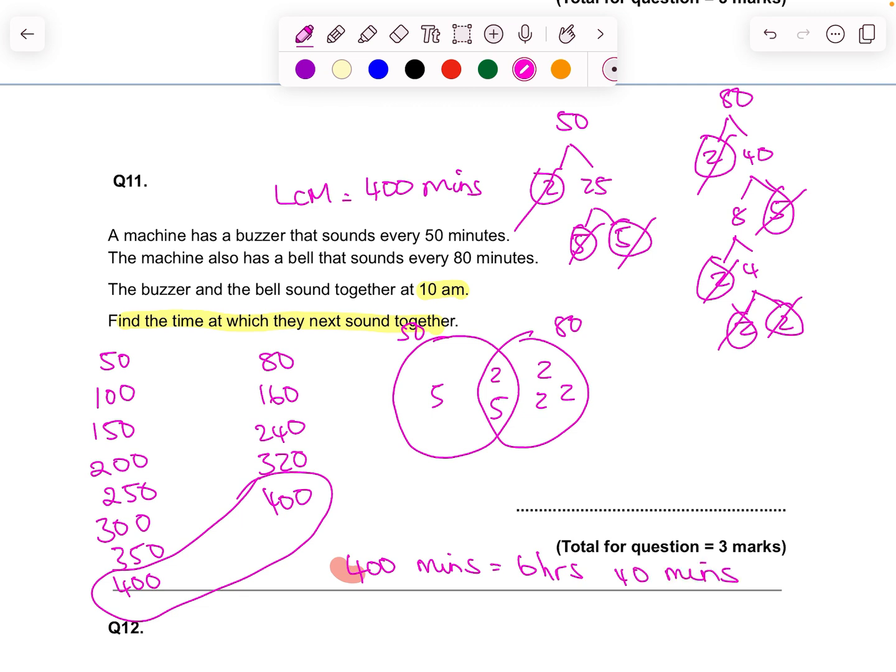And so 10 a.m. plus 6 hours gets you to 16, if we're doing the 24-hour clock, 16 or 4 in the afternoon, and then plus the 40 minutes, so 16:40, or if you wrote 4:40 p.m., that is also fine, same thing.